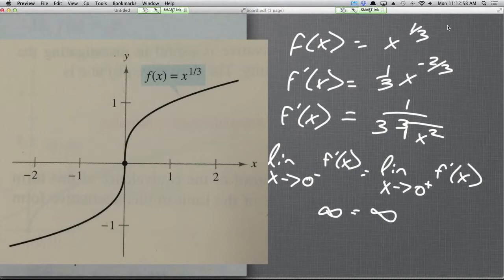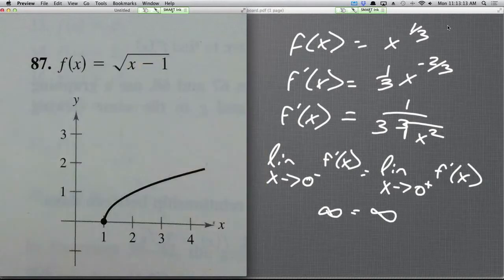So even though they're both going to positive infinity, I'm not going to an actual y value. Since I'm not going to an actual y value, the limit doesn't exist, and that's why I'm not differentiable at 0. So there are four ways we've looked at on a graph to determine whether or not something is differentiable. What are my 4 ways?